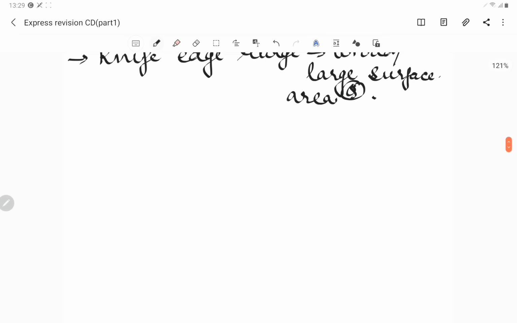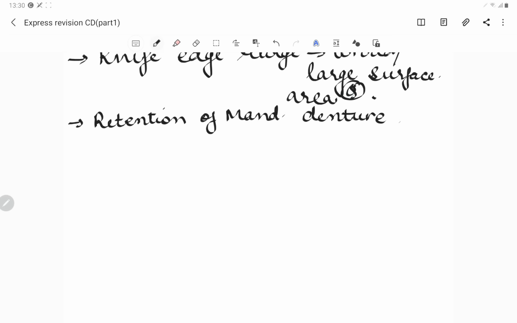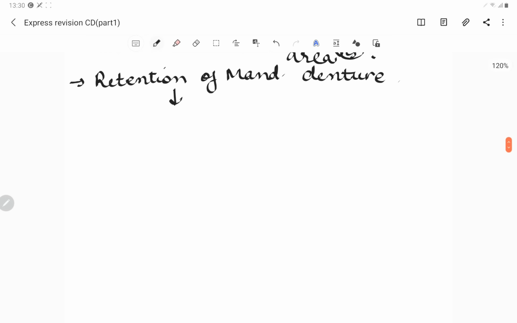While taking the secondary impression, we get very good retention in the maxilla, but we do not get it in the mandible. So retention in the mandibular denture depends upon maximal bone coverage. That means we have to include a large surface area.